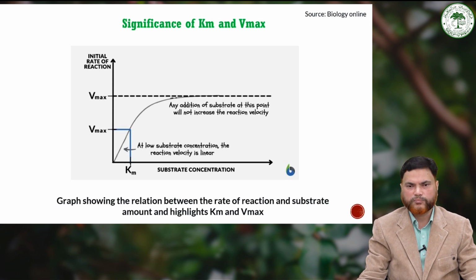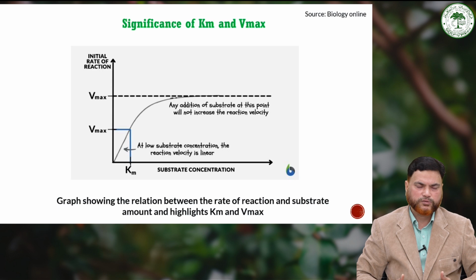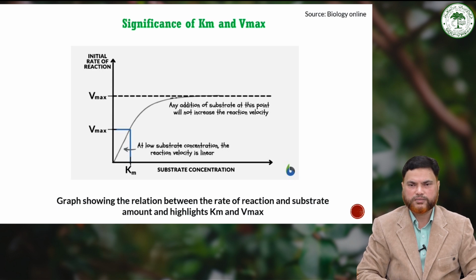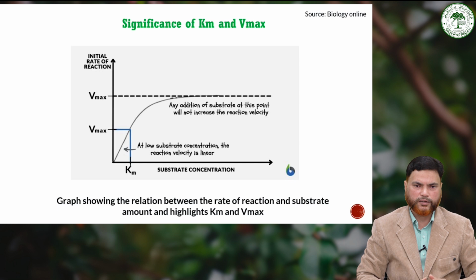The value of Vmax is dependent on the number of active enzyme molecules present and generally does not change with the change in substrate concentration. So what is the use of this Vmax? The value of Vmax is very useful in understanding how changes in the number of active enzyme molecules can affect the rate of reaction.